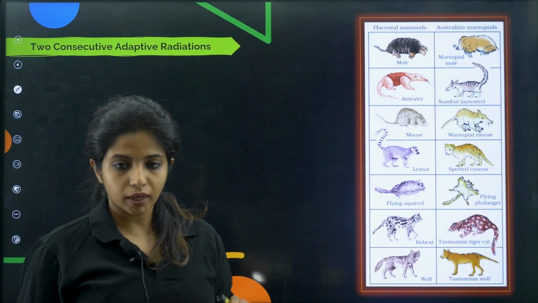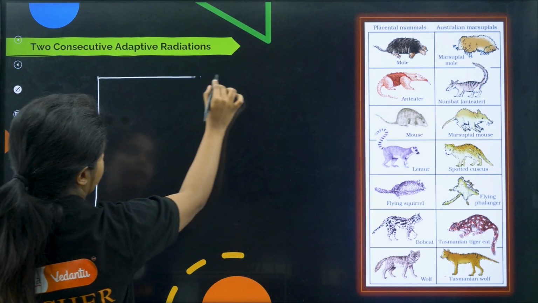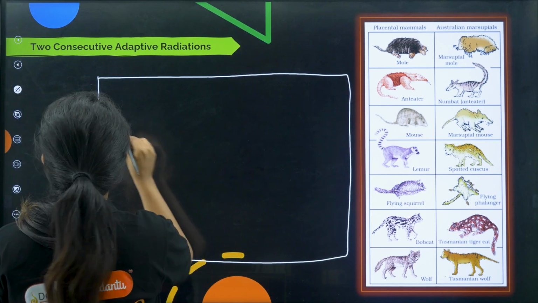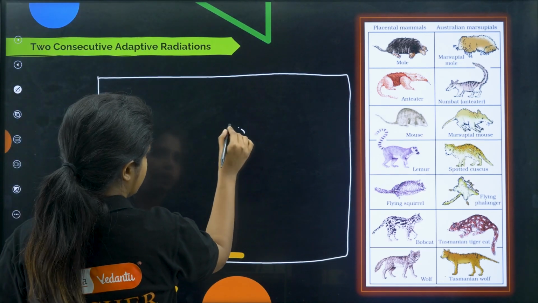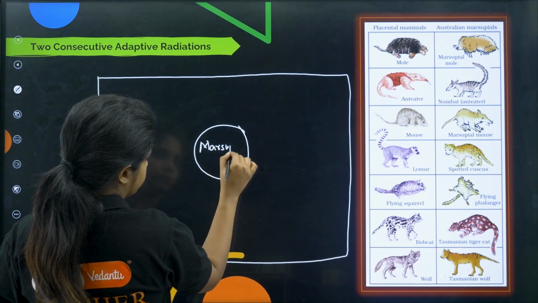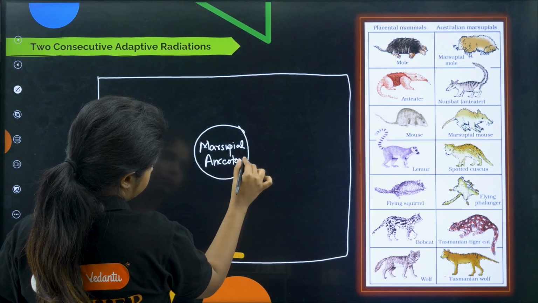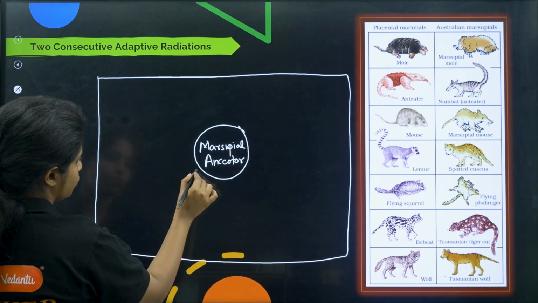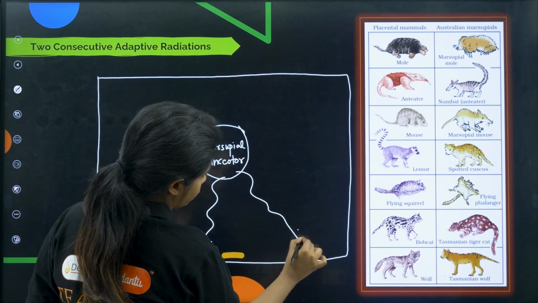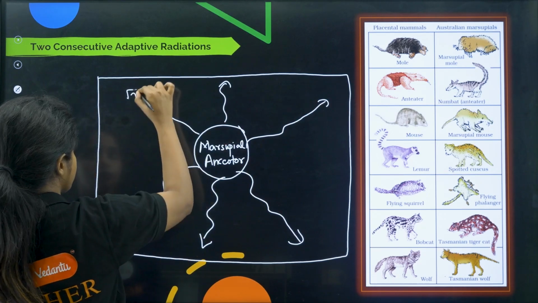So over here, I'll make that. If this is the island again, okay, properly I'm going to write. So there is marsupial ancestor, and this ancestor is moving to different directions, forming different types of organisms within the same geographical area.